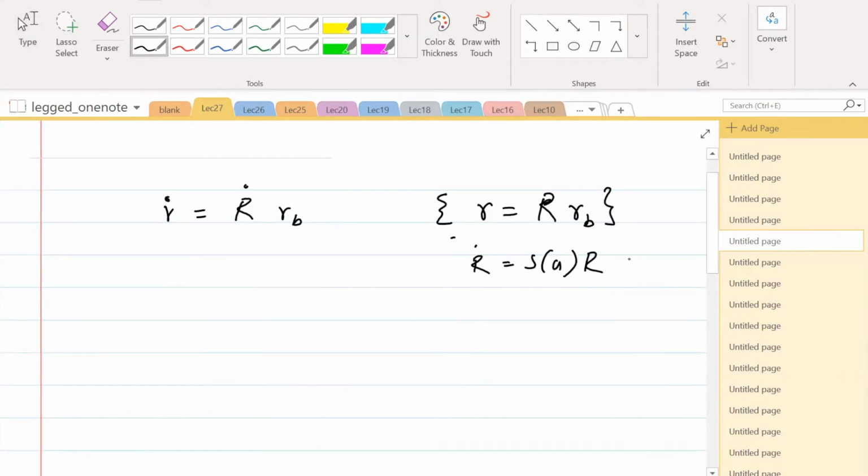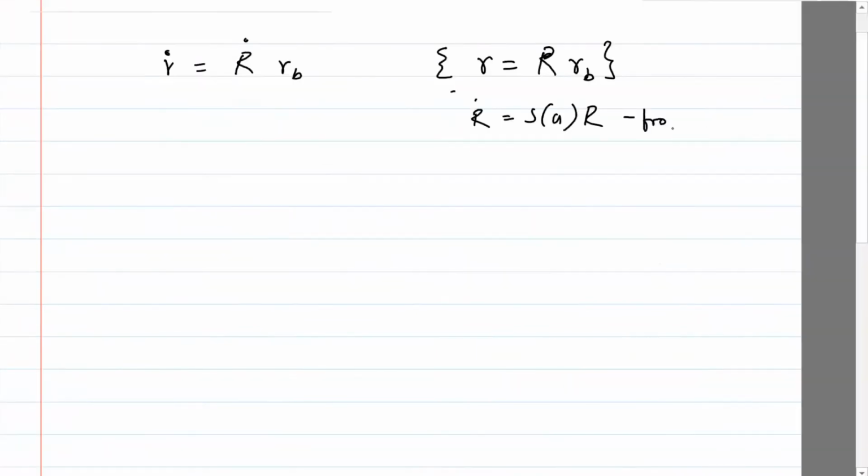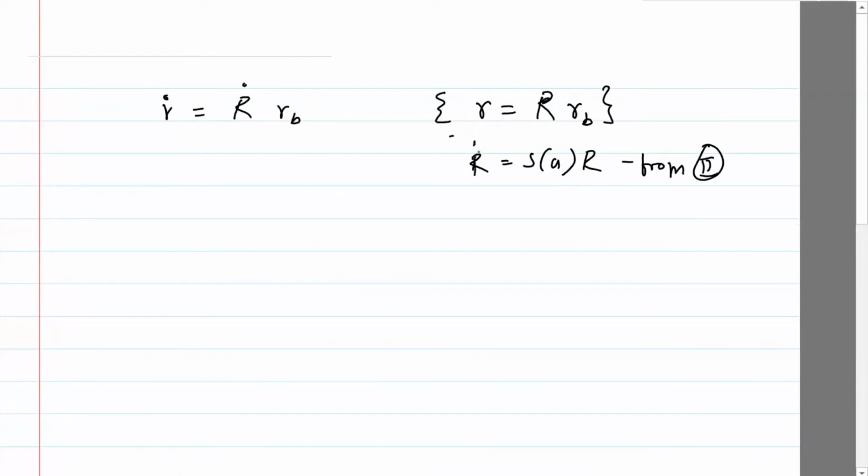That's from 2, so I just keep that in mind. Now what I'm going to do is sub this in here. So we have S of A times R times RB.